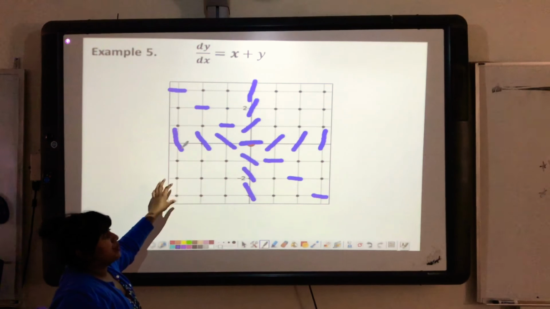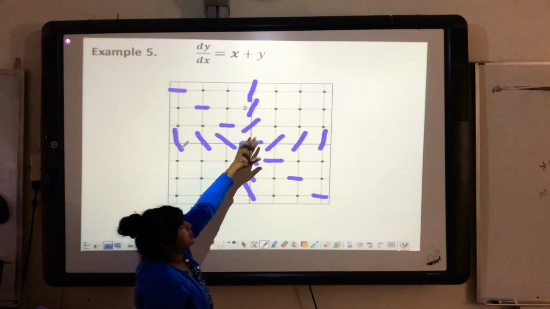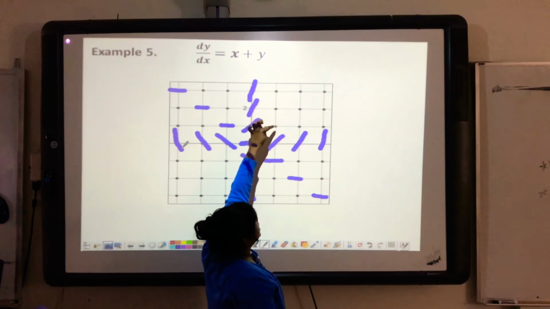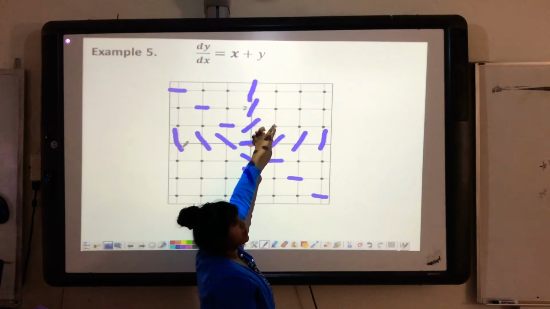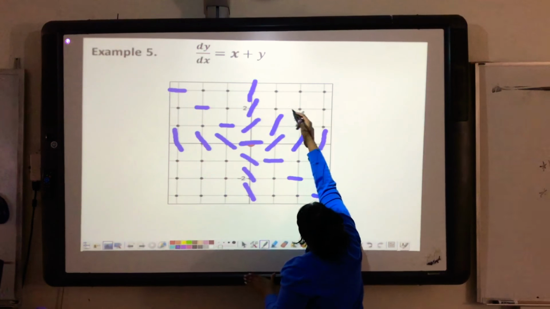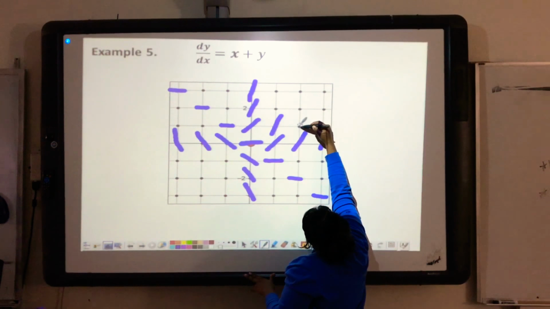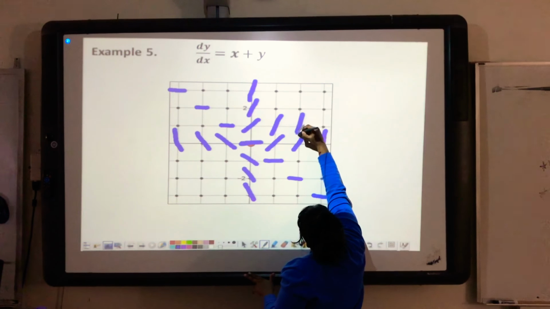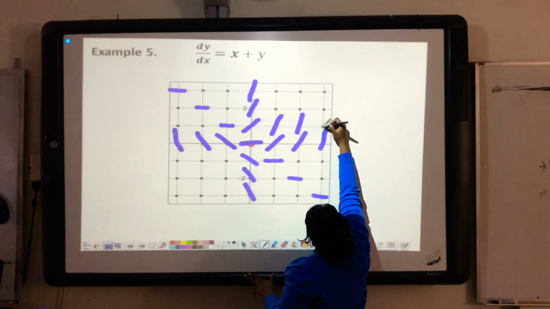And then from there, you just do each point as you see it. So let's do our quadrant 1. This is going to be positive 1, so 1 plus 1 is 2. And then this is positive 2, positive 1, so 3. This is 3 and 1, so 4.